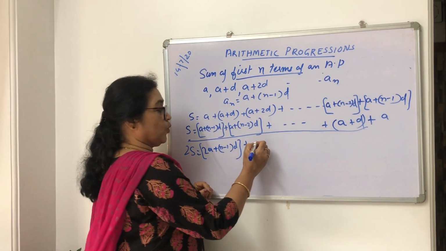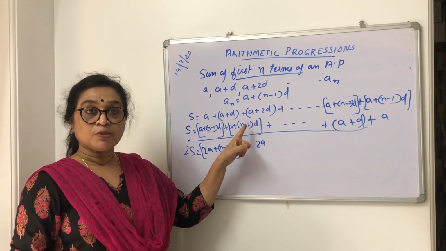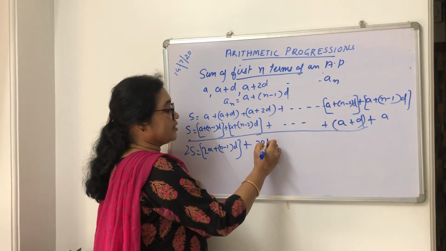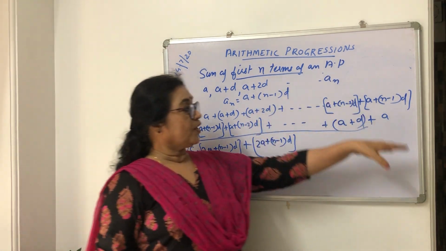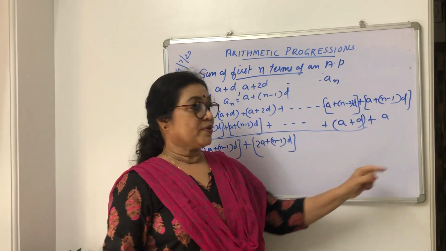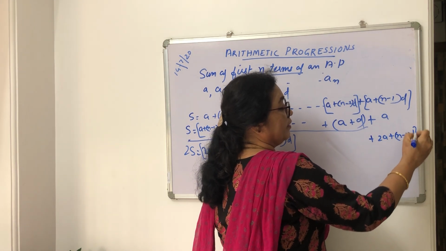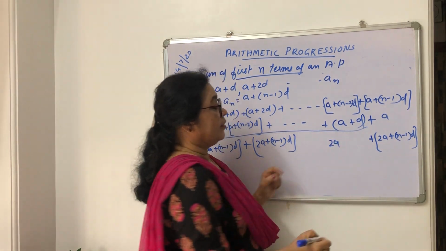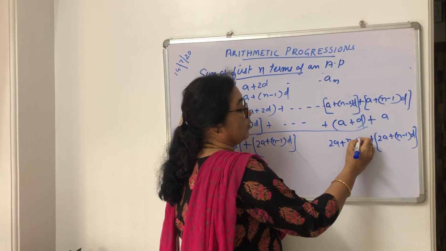A plus a is 2a, and d plus (n minus 2)d, minus 2 plus 1 is minus 1, so this term becomes n minus 1 into d. Again, a plus n minus 1 into d plus a: a plus a is 2a plus n minus 1 into d. Look, a plus a is 2a, and n minus 2 into d plus d is n minus 1 into d.